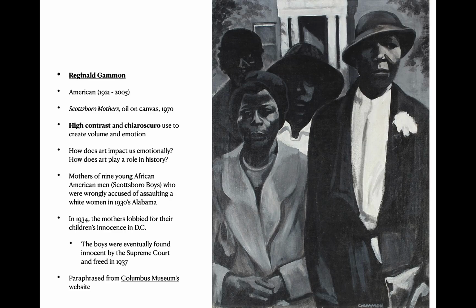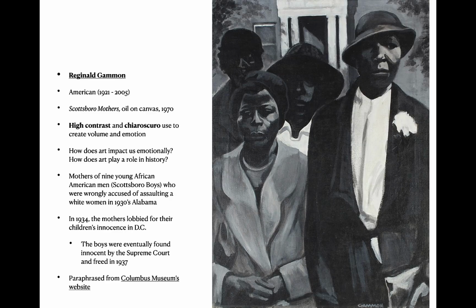And I want you to think about how art can really impact us emotionally, and how these techniques of contrasting the light and the dark, and how we're using shading, how artists are bringing us into the scene, how it affects us emotionally, and also how art can play a role in history. Like, think about how this is different from maybe the photographs of this incident.